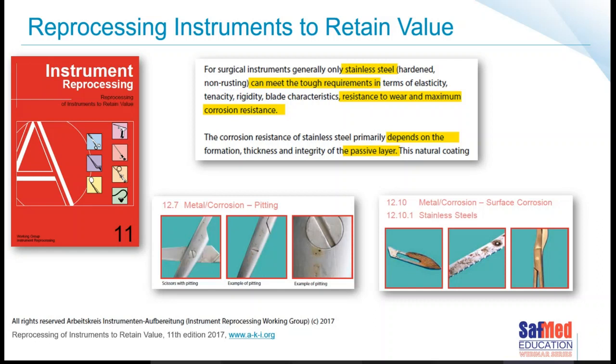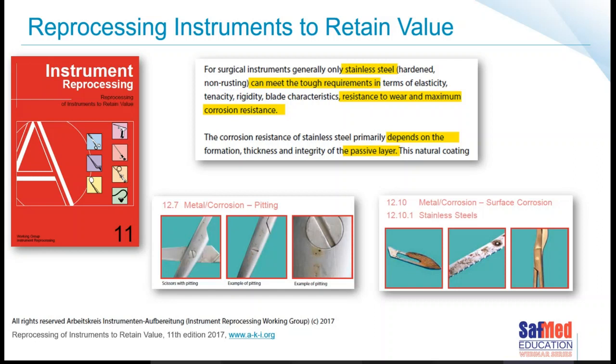So stainless steel can corrode depending on how it's used, looked after, or managed, but one hopes that it doesn't. The corrosion resistance of stainless steel primarily depends on the formation, the thickness, and the integrity of the passive layer. The passive layer is very important, and it's something that we want to try and maintain.